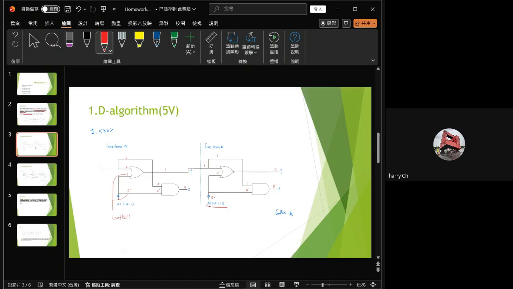So we give the value here, and D prime needs to propagate to the primary output Z. So we need to have the 1 here, 1 and D prime to the AND gate, and the fault will be propagated to the primary output Z.